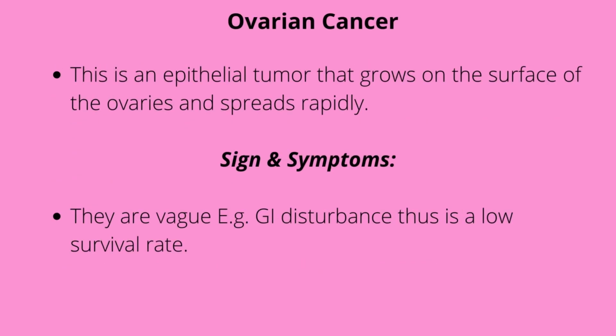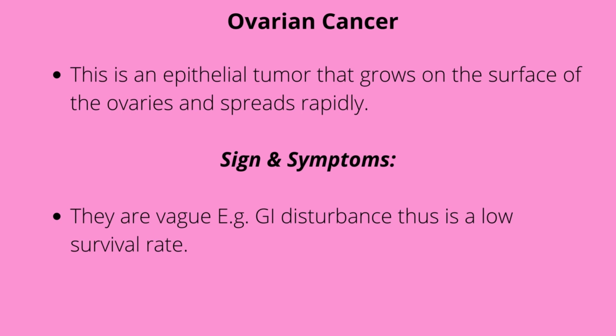Let's talk about ovarian cancer. With ovarian cancer, this is an epithelial tumor that grows on the surface of the ovaries and spreads rapidly. Signs and symptoms of these are vague. That means it could be a late diagnosis with a poor prognosis. They are very vague, and include things like GI disturbance, thus there is a low survival rate.